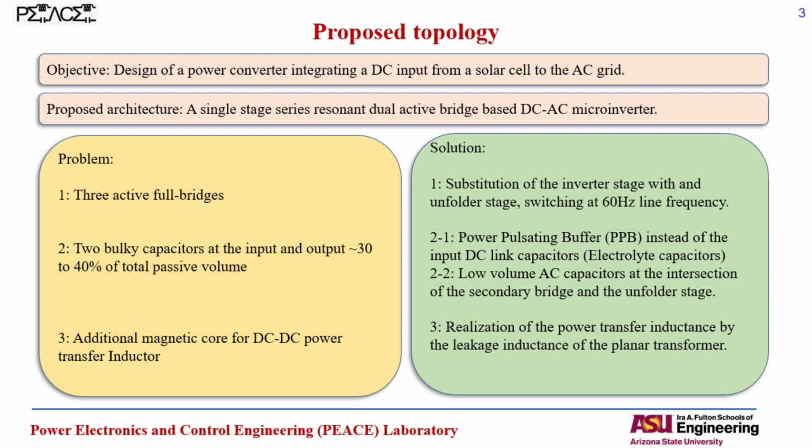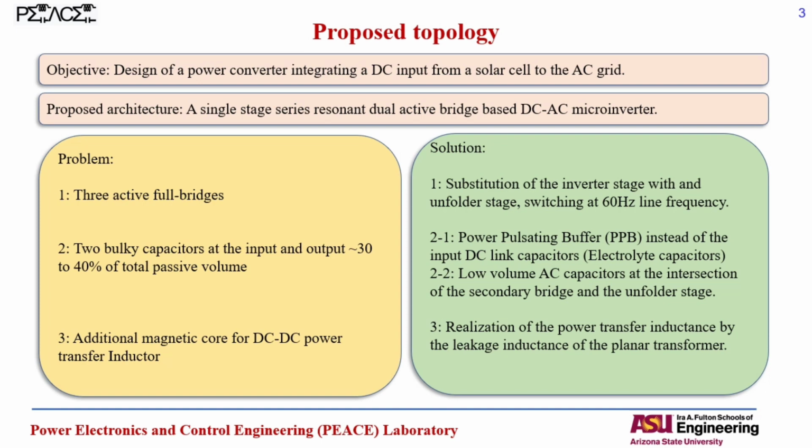So basically, we are going to address these problems by substitution of one of the active full bridges, that is the inverter, with an unfolding stage that is switching at 60 Hertz frequency, which reduces the switching losses. And we are going to substitute the input bulky capacitor with the PVB or Power Pulsating Buffer.